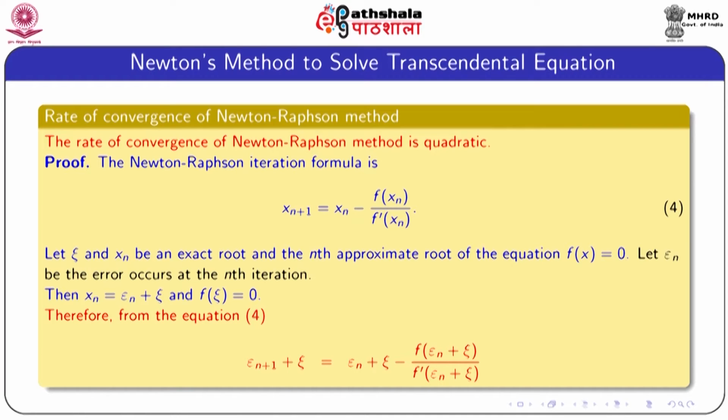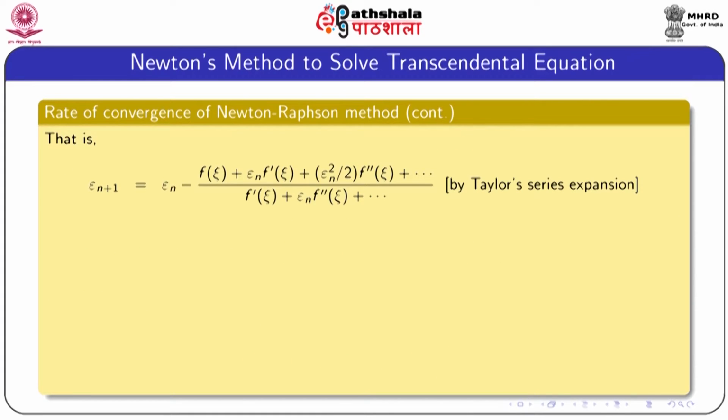Now from equation 4 we have epsilon n+1 + xi, this is the value of xn+1, equal to epsilon n + xi, this is the value of xn, minus f(epsilon n + xi) by the derivative of f at epsilon n + xi.